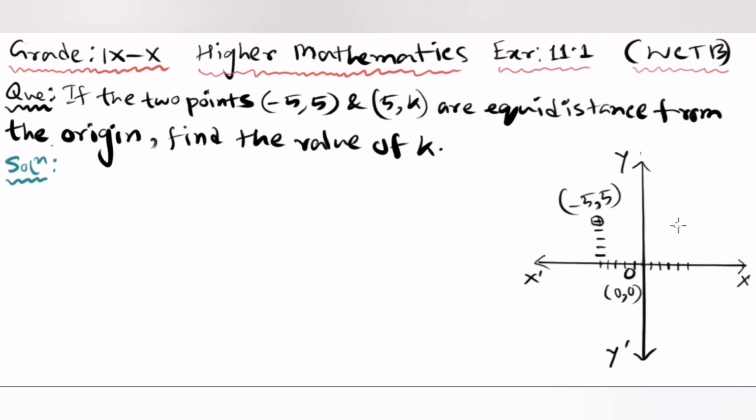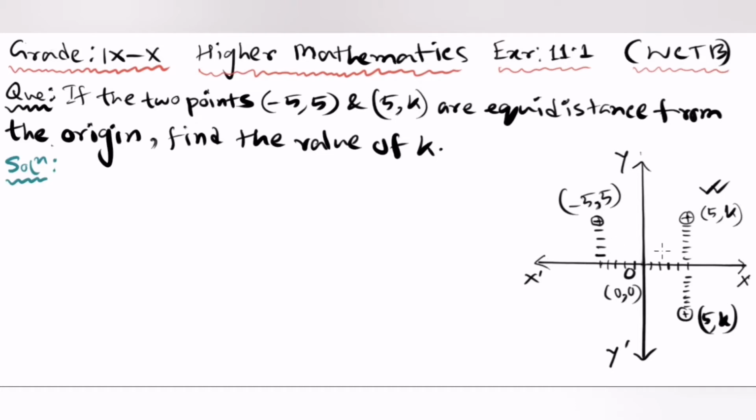So I am just guessing, it will be in here. So k steps, I don't know what is the value of k, just a guessed number. So maybe this is 5 comma k. It can be here also, in the fourth quadrant somewhere, it can be 5 comma k. So I am considering this point.